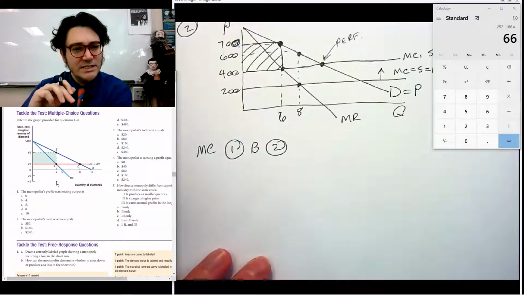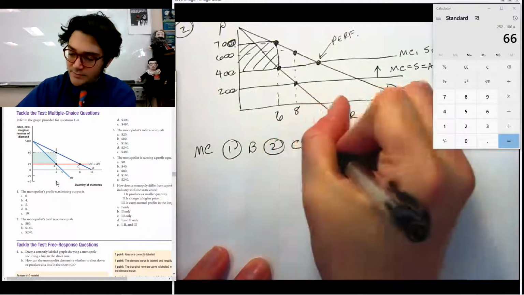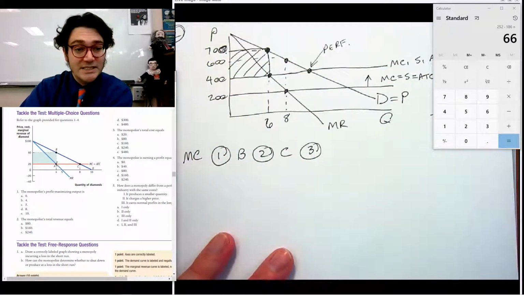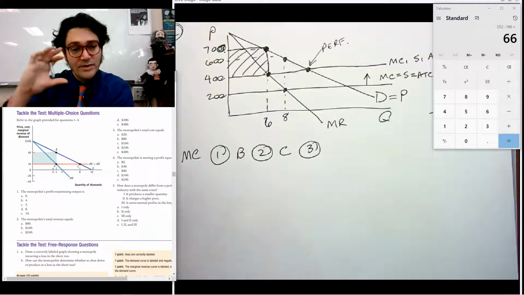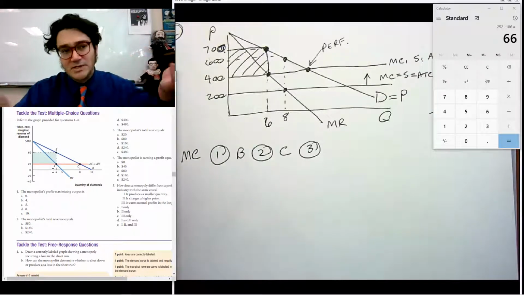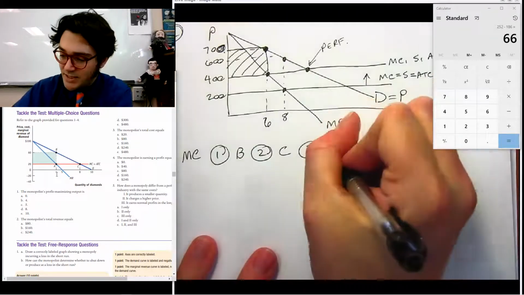So 4 times 60 is 240, which is C. Number 3, the monopolist total cost. So whatever the ATC is at 4 units, because that's how many units we're producing. And so we're looking for ATC times the quantity, because then that'll just clear out the average and give us total cost. So it's 20 times 4, which is 80. So that's B.